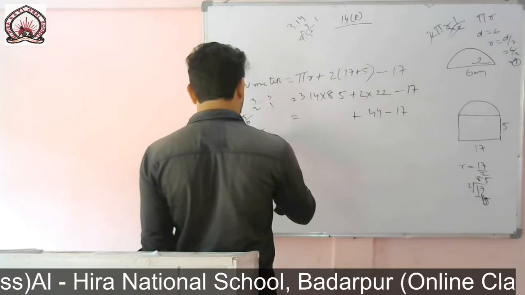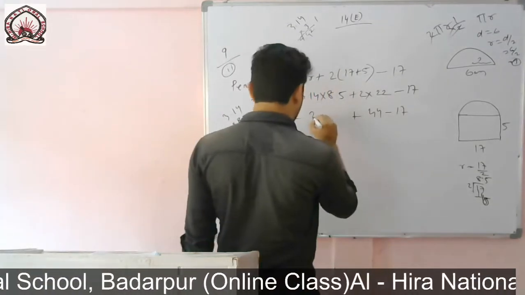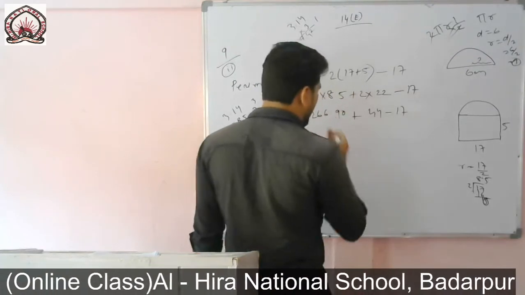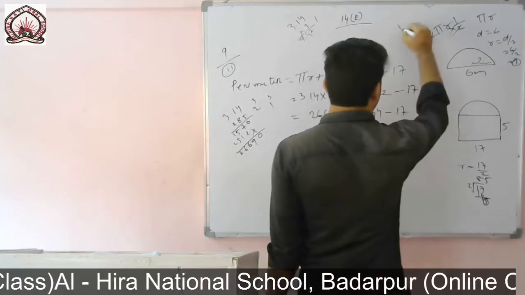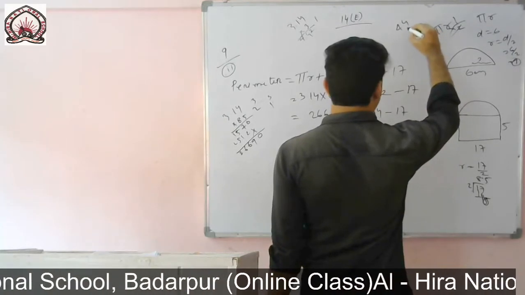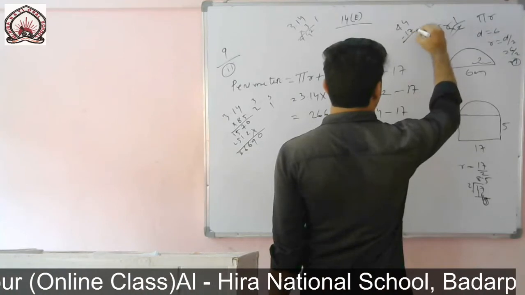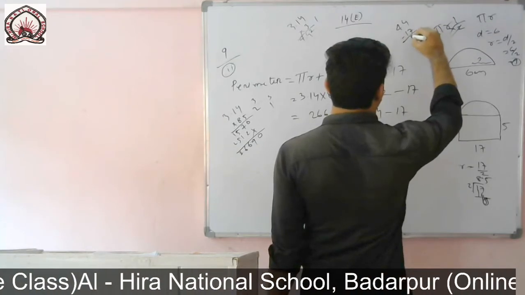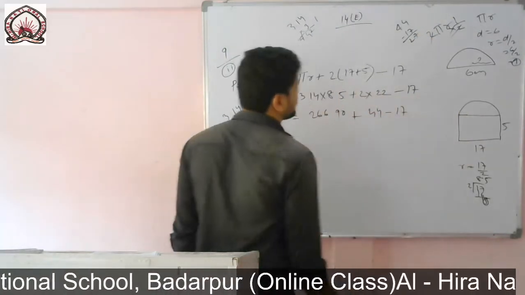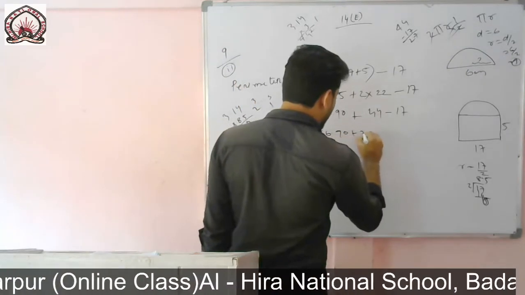So 7 plus 2 is 9, 5 plus 1 is 6, 1 plus 1 is 2. So you can write 266.90. Now you subtract 44 from 44 and get 27. So we are getting 266.90 plus 27.